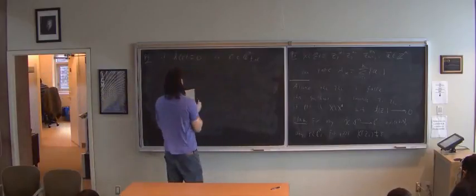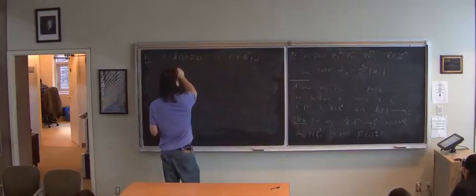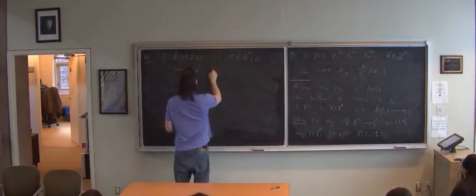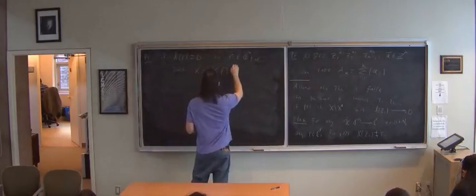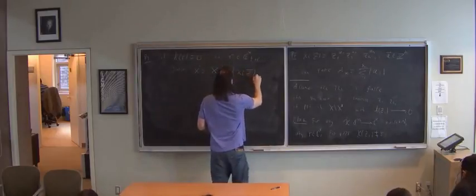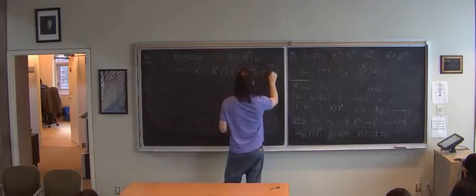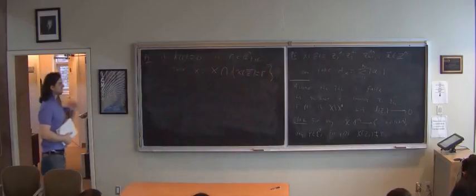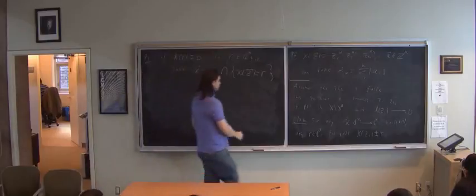Now take X prime to be the intersection of X with the set of points where chi of z is equal to r.